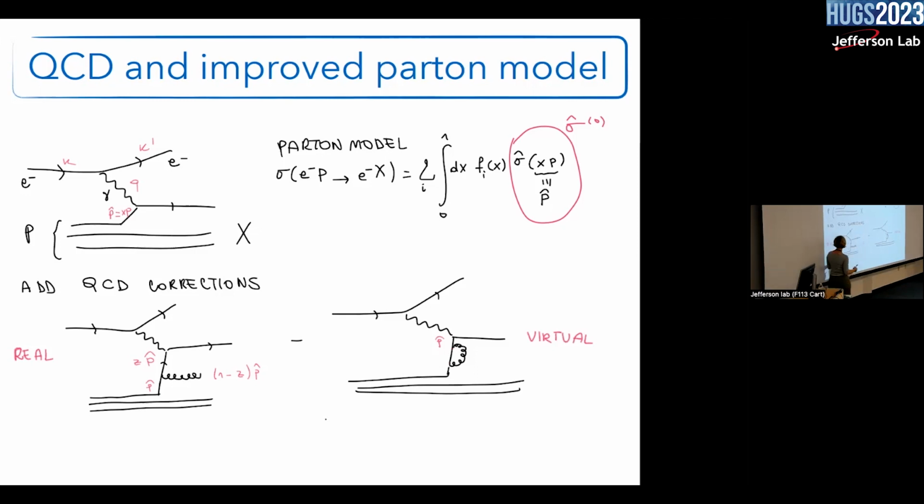Real emission means that this P hat, which is the proton fraction carried by the Parton, becomes z P hat, because some of its momentum is lost to a gluon that is emitted before it gets to the interaction. So this is the initial state radiation. At the same time, you also have virtual corrections that count at the same order. So you can have a virtual gluon that is then reabsorbed before the Parton gets into the collision.